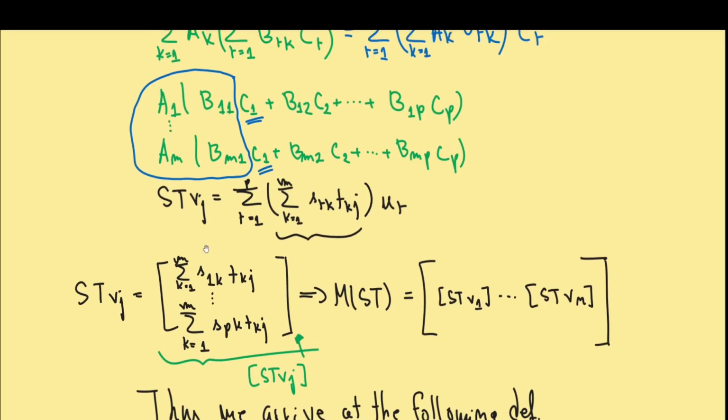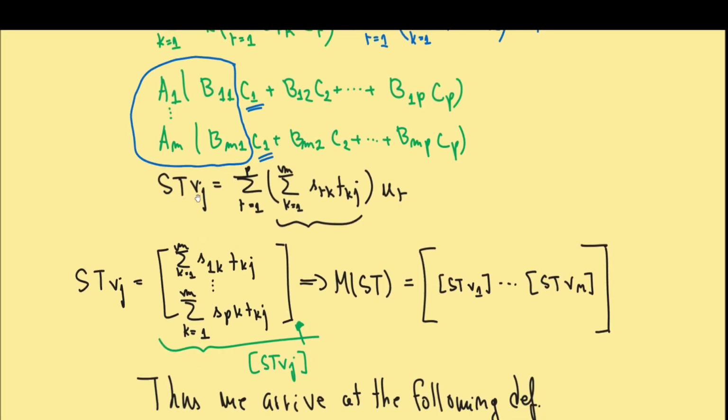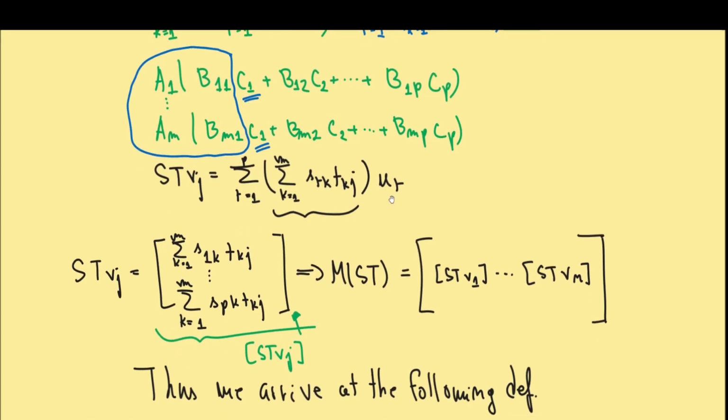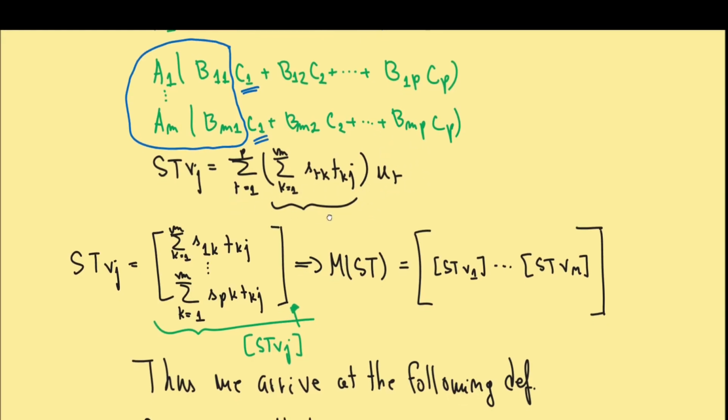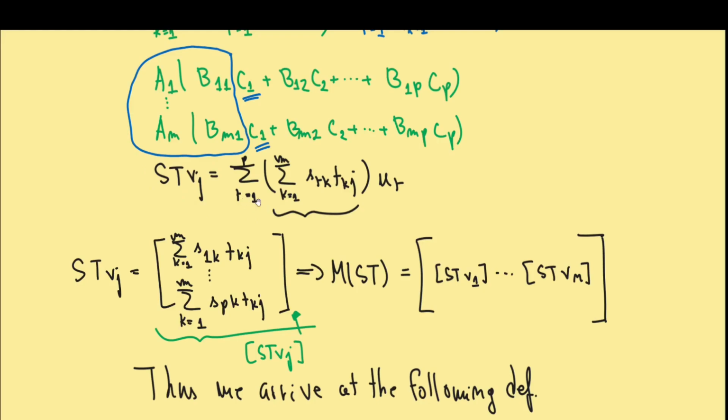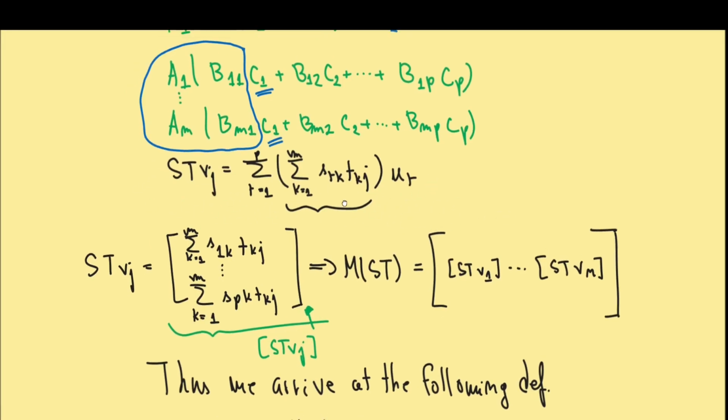So now we have that ST of Vj is equal to some linear combination of the U's, which are the basis vectors of our final space in which we arrive, our big U. So we have written this as the unique linear combination of the basis vectors in U.